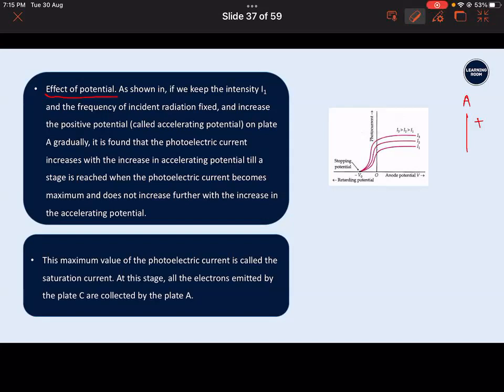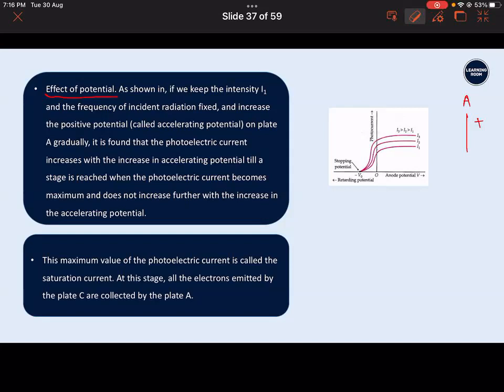I don't know whether it is going to increase or decrease. That's what we need to answer using logic. So if the value of anode potential is increased, what will happen to the photoelectric current? Will it increase or decrease? Why?